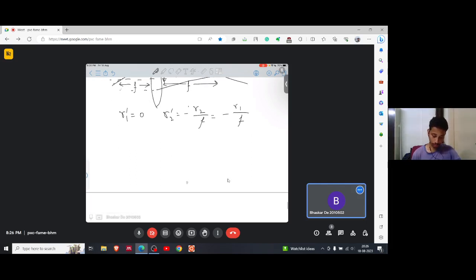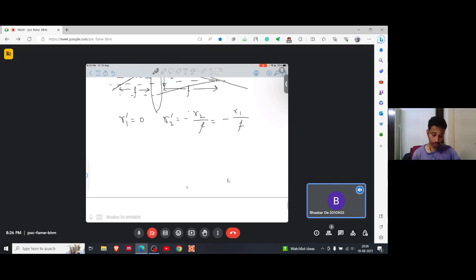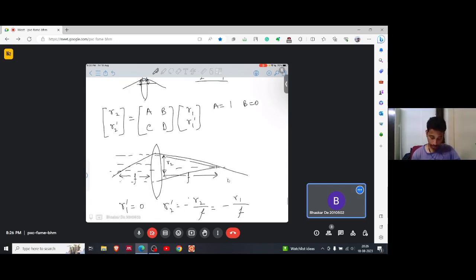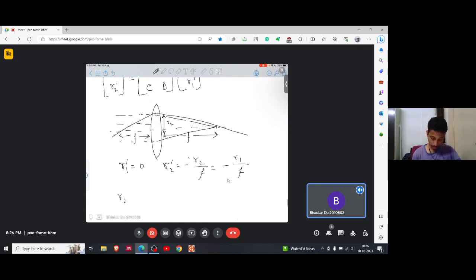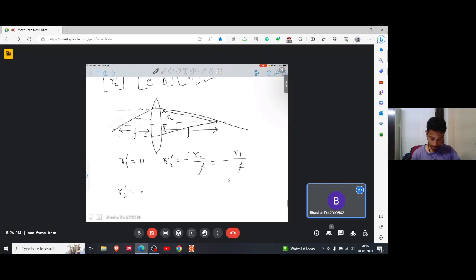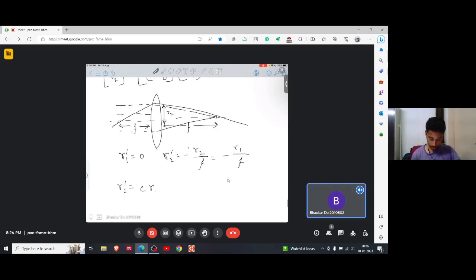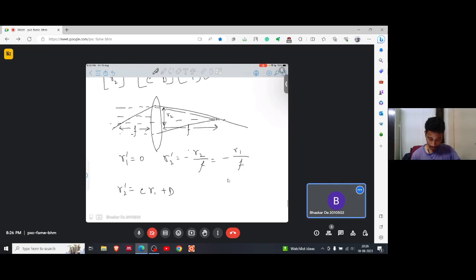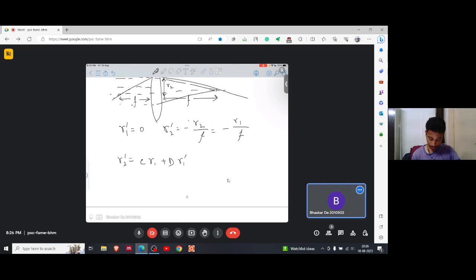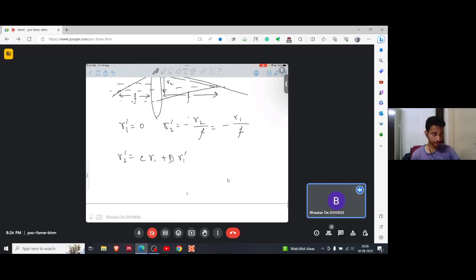So from here we can write that r2 dash equal to c r1 plus d r1 dash, and comparing this we can write that c equal to minus 1 by f, d equal to 0.